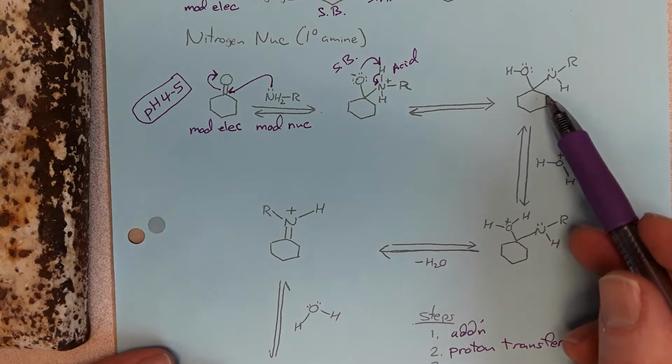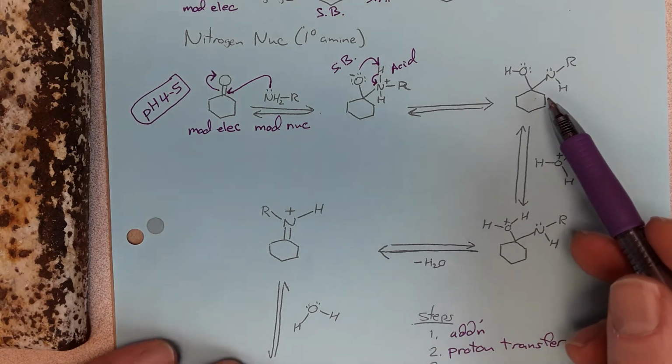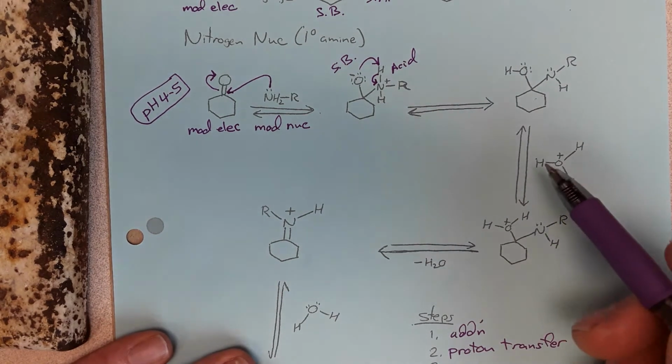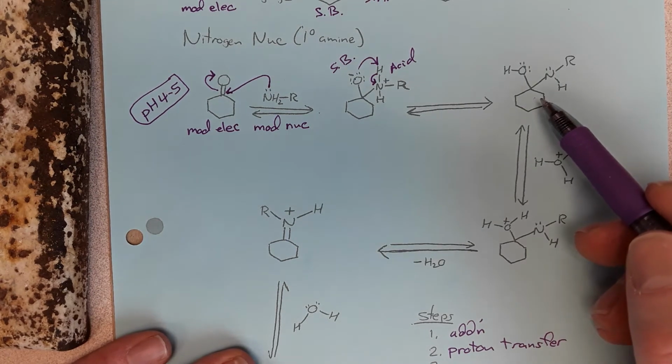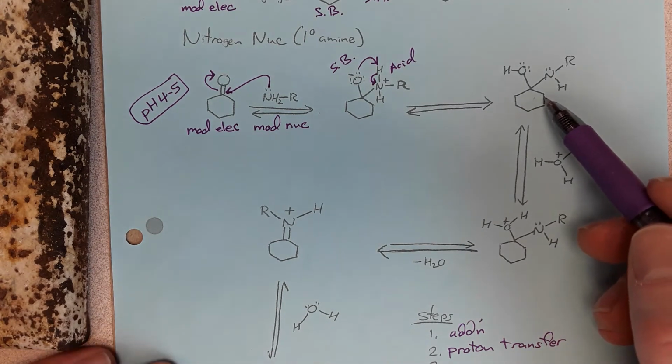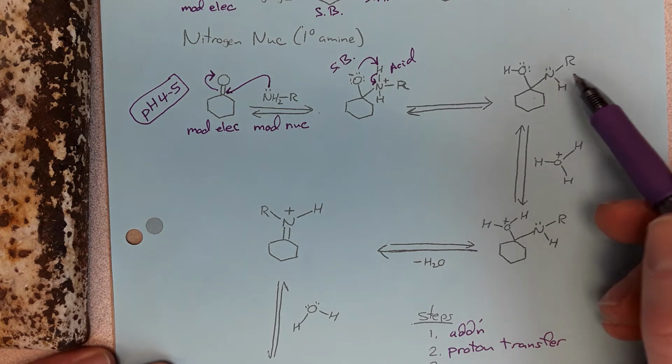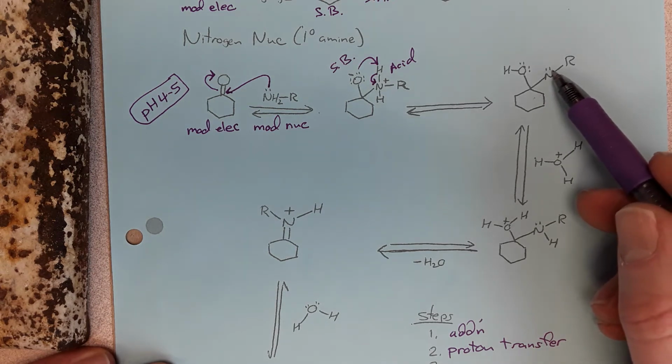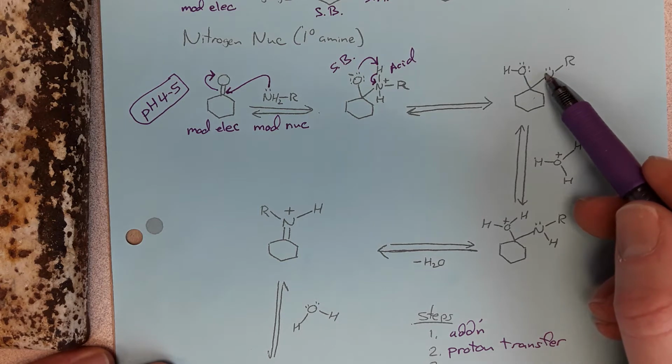We're not going to be generating a strong base in an acidic solution. One of the things that we want to do to get to the end product is to remove this hydrogen right here. But if that hydrogen is removed, then we have a nitrogen with a negative charge, which is a really strong base. So that's not something we want to do next.